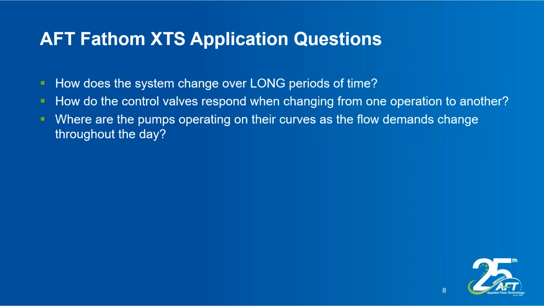And then once your liquid height on the supply gets to be lower than a certain value, maybe you have logic built in that turns off one of the pumps. And that's the type of transient that you can look at with XTS, is how your pumps are changing throughout the day at a larger scale.